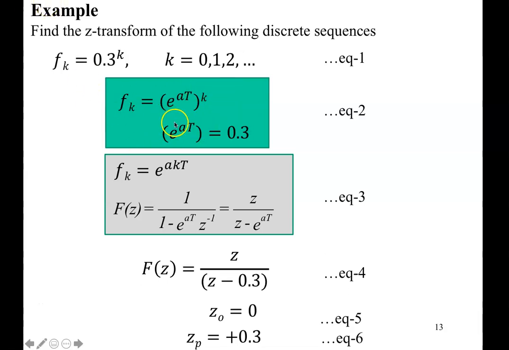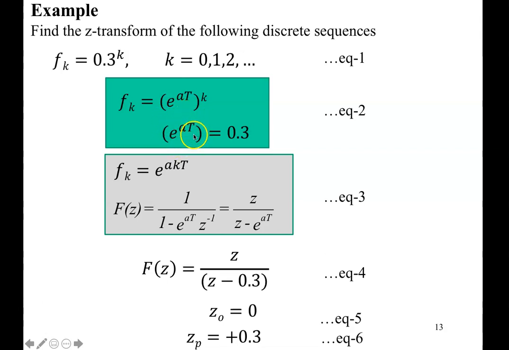What's in the green block? f(k) equals e to the akT. That's a sampled exponential function. It's just that e to the aT is a number, because a is a number and T is the interval, which is also a number.